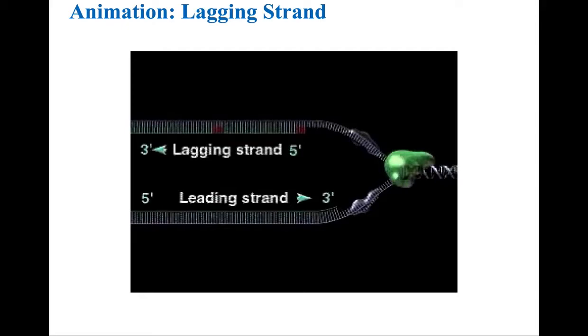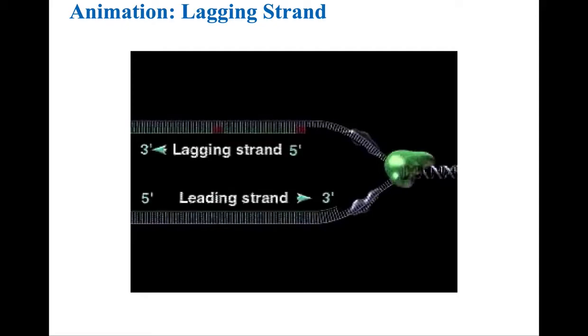Now what that means is that the leading strand is easy to make another copy of because it's already open at one end. It's like a zipper. It's easy to start at the end where it's already an open end. So DNA polymerase will add pieces to make the other strand from the direction of 5 to 3.